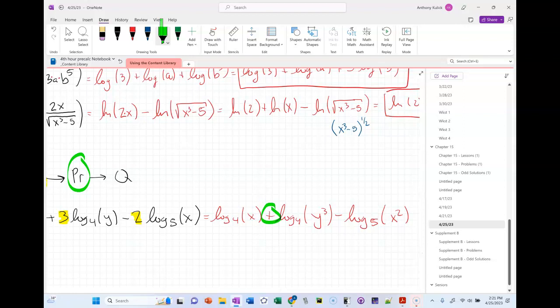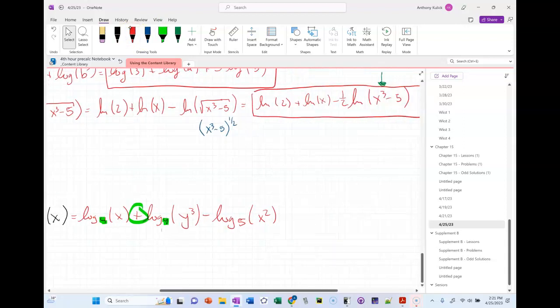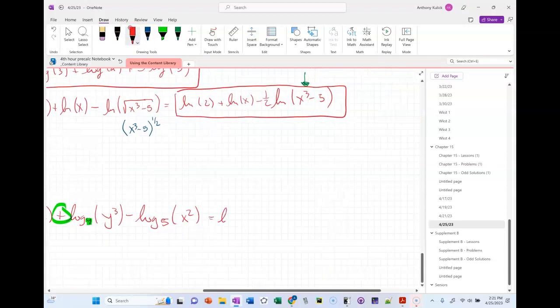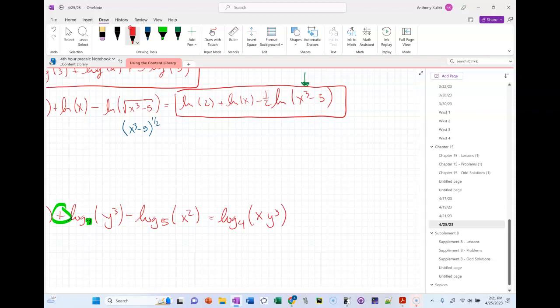Besides looking for the addition between them, I also need to check to make sure the bases of the logarithms are the same. They are. They're both base 4. So I can combine those using a product property. So I'll just have x times, I'm sorry, y cubed inside.